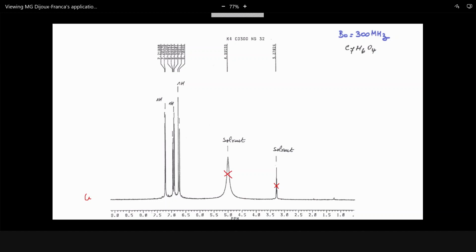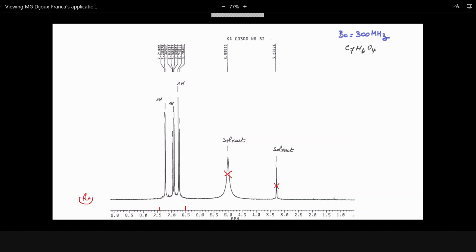So what can you say about this molecule? I think this molecule contains an aromatic ring, because the chemical shifts we can observe are only between 6.5 and 7.5. We have no other signal anywhere in the spectrum. So yes, I agree.